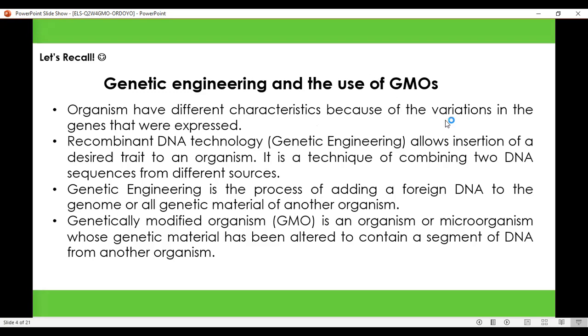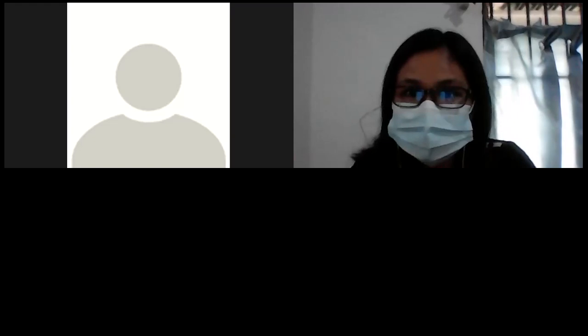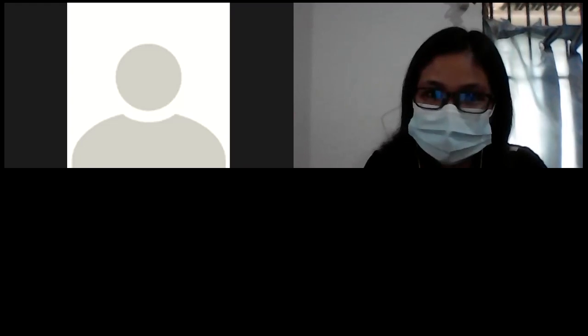The technology that allows insertion of a desired trait to an organism is through the process of recombinant DNA. It is a technique of combining two DNA sequences from different sources. Ibig sabihin, ang desirable trait ng isang organismo na wala sa isang organismo ay maaari itong i-insert sa organismo na wala ang trait na ito, to have that specific trait.